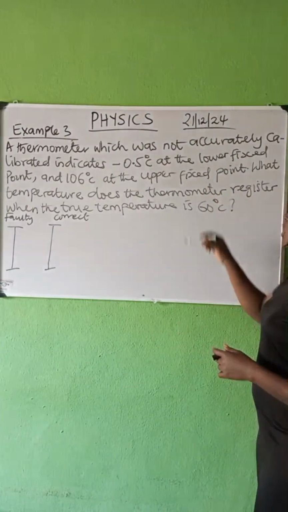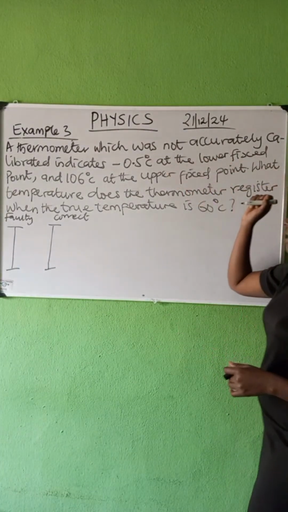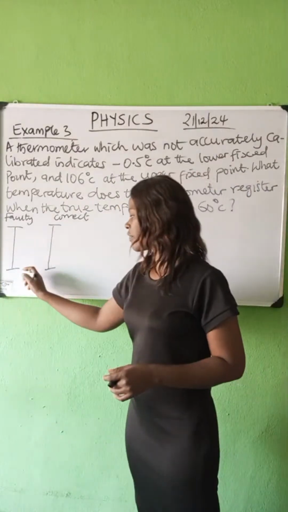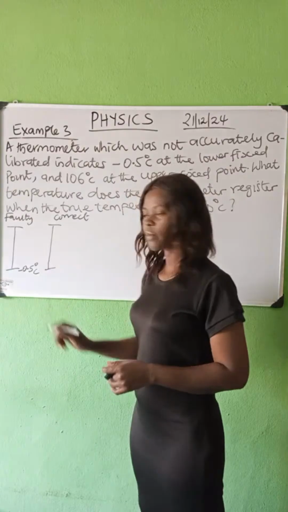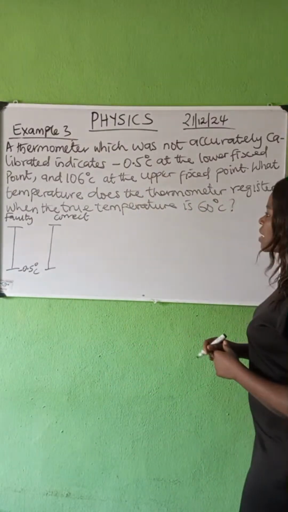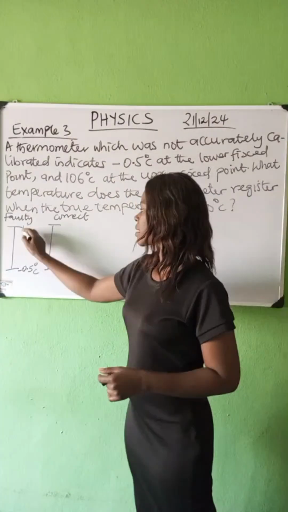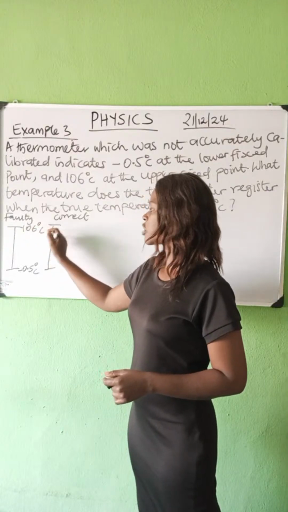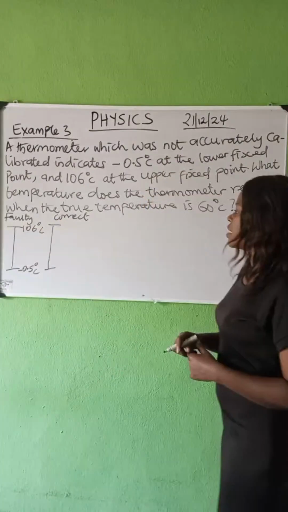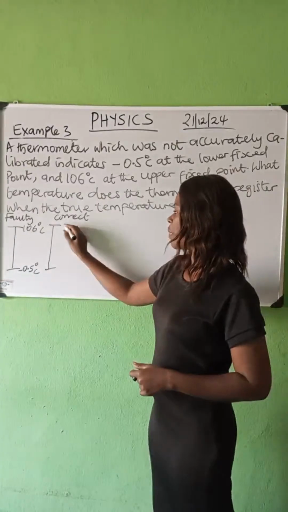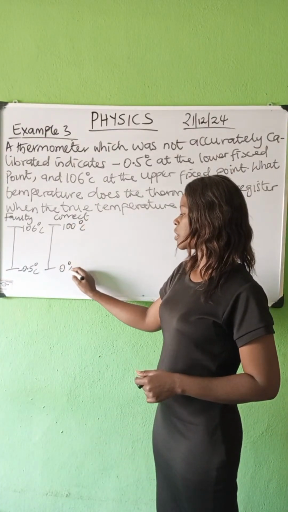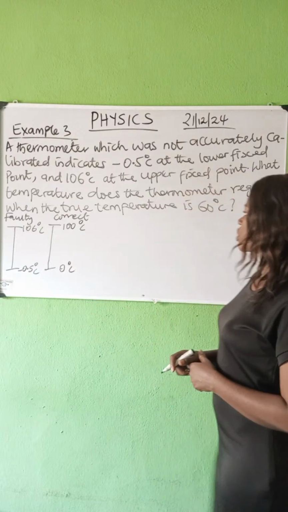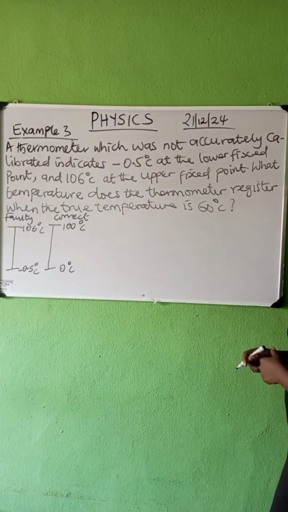Now, this one that is faulty registers minus 0.5 degrees Celsius at the lower fixed point. So here is minus 0.5 degrees C, right? It registers 106 degrees Celsius at the upper fixed point. And for the correct one, you already know that the upper fixed point of a Celsius scale is 100 degrees Celsius, and the lower fixed point is 0 degrees Celsius.